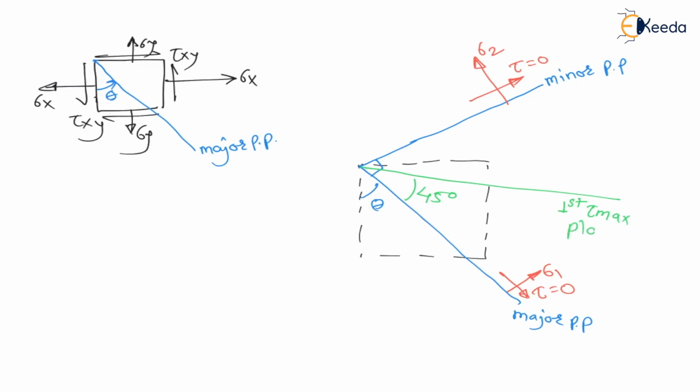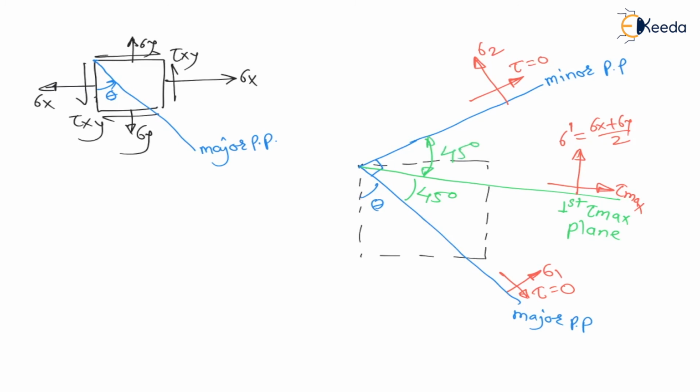On this tau max plane the maximum shear stress is acting, meaning the parallel stress is tau max, and the normal stress acting on it is sigma dash, which is equal to sigma x plus sigma y by 2. Again, the angle between the minor principal plane and the first tau max plane is also 45 degrees.